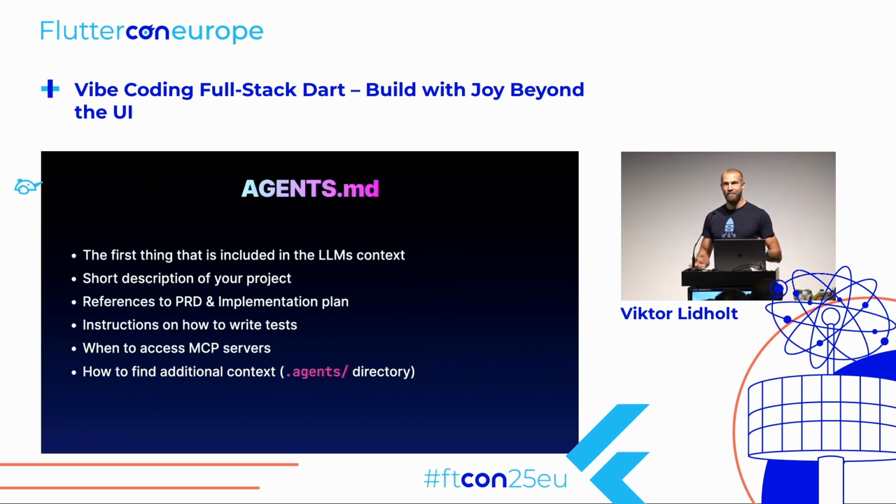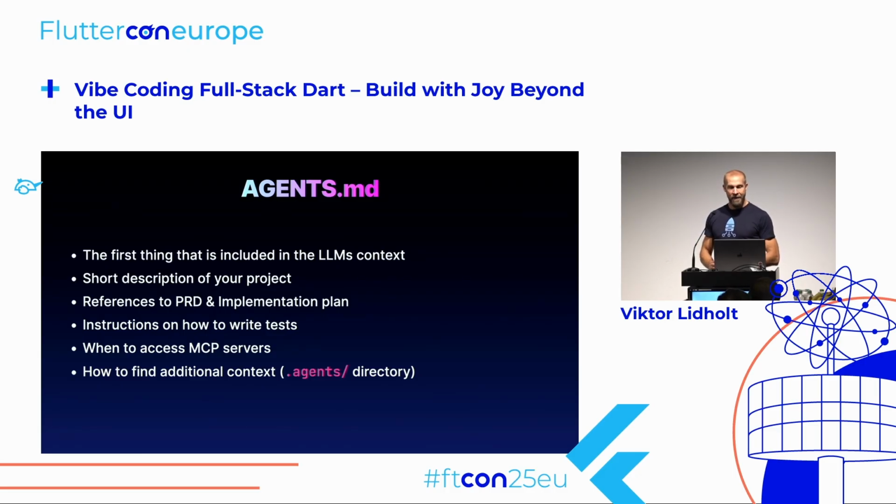And you can typically tell it, like, write the test after every feature we implement. Depending on your model or what you use, you can get pretty good tests, actually. And something that's really useful to have in there is also telling it when to use and how to use MCP servers. Otherwise, it may not even look at those.